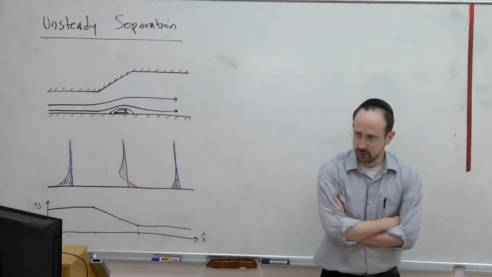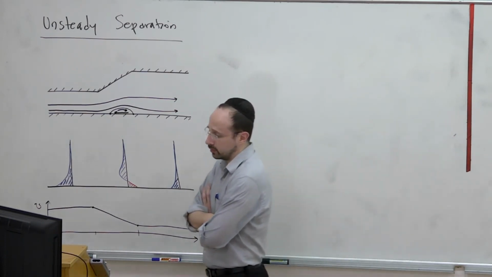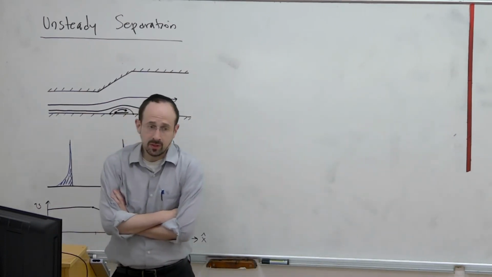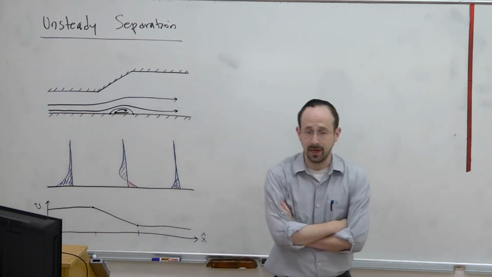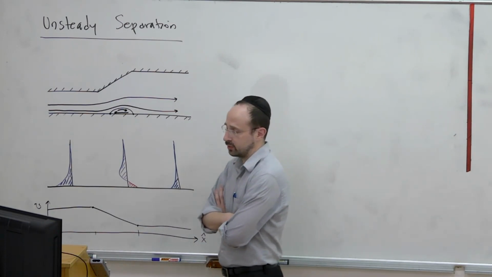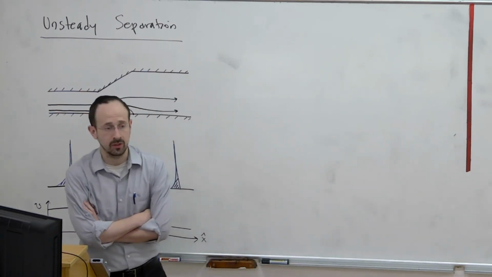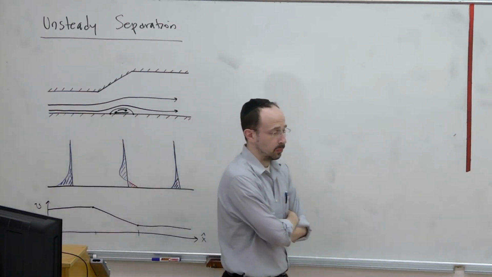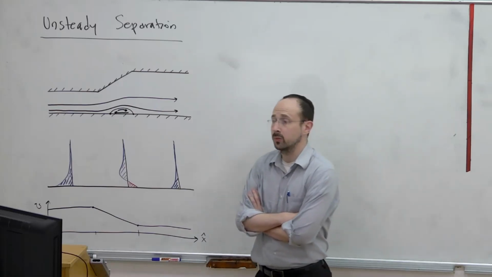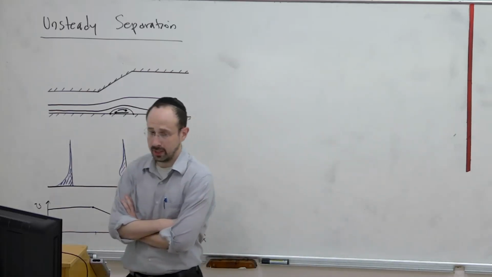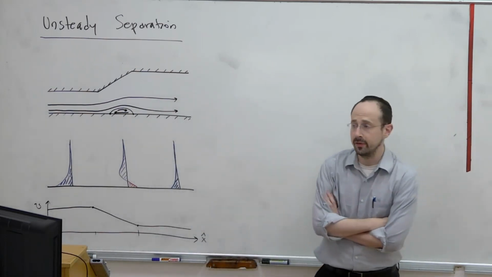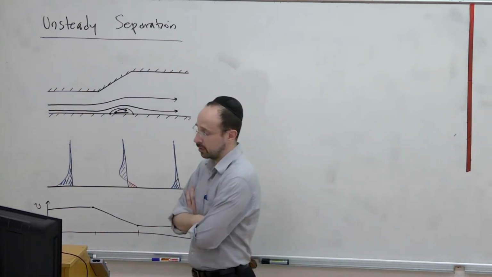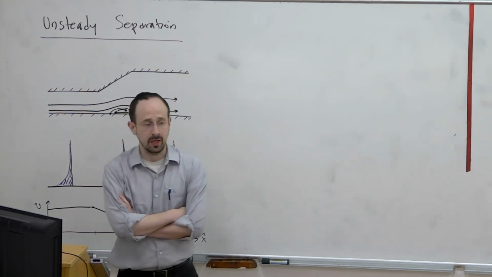But we switched to a different question: given that we can describe where the separation point occurs for a given body, can we modify where the separation occurs? Can we change the separation location? For instance, if we wanted to create a smaller wake behind the body to reduce the drag, could we move the separation point? Could we delay the separation, push the separation farther downstream? So that was the question.